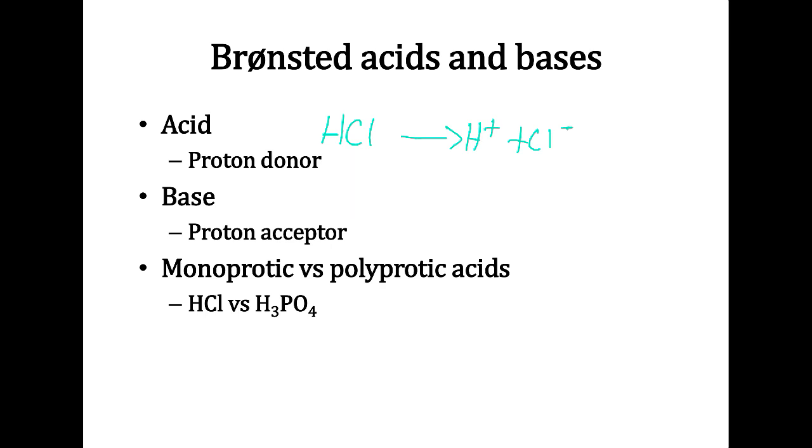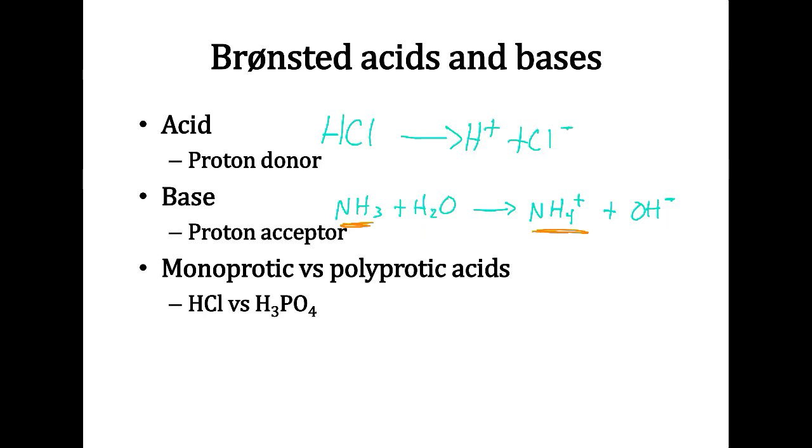So for instance, whenever we had NH3 plus H2O, this would go on to form NH4+, the ammonium ion, plus OH-. So this ammonia molecule accepted a proton and we formed NH4+. So Bronsted bases are proton acceptors.